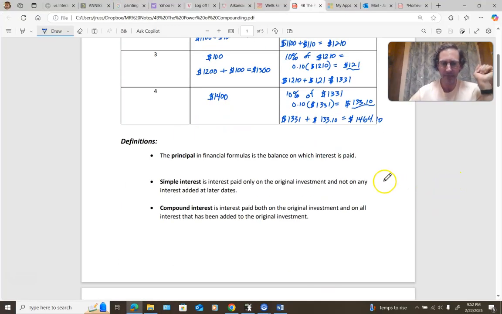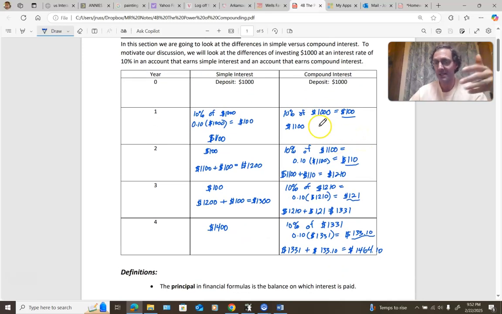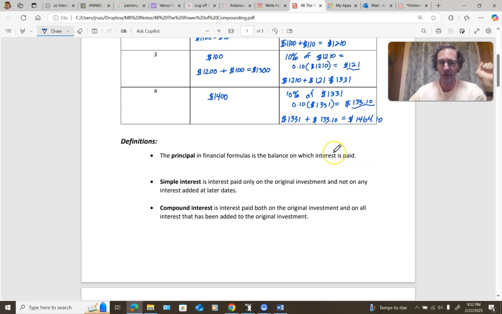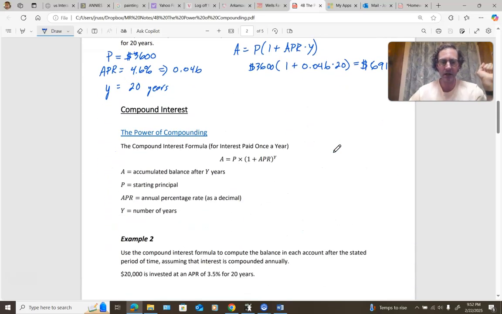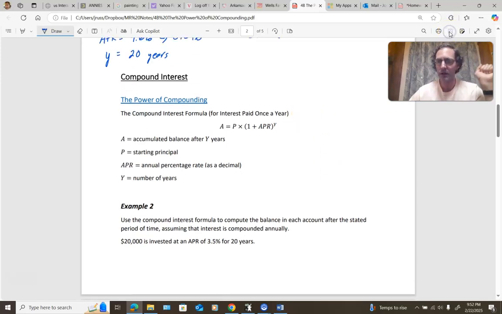All right, so we looked at how to calculate compound interest by hand. You have to do it step by step for each particular year, but that's not very efficient. So what we're going to do now is look at some formulas to figure out the future value, or the accumulated value, of an investment.